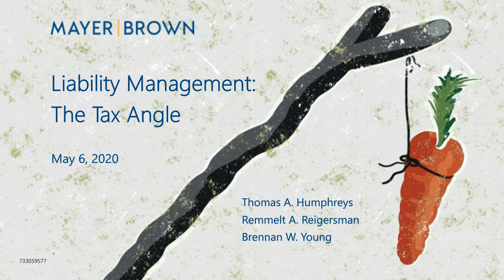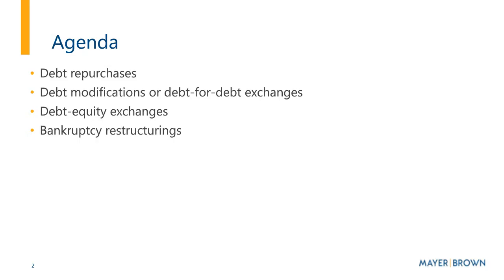So let's take a look at our next slide, and that's our agenda for today. The first thing we're going to talk about is debt repurchases. That's relatively simple, but in a liability management situation, it serves as a baseline for the tax consequences of LM transactions. Then we're going to talk about debt modifications or debt for debt exchanges.